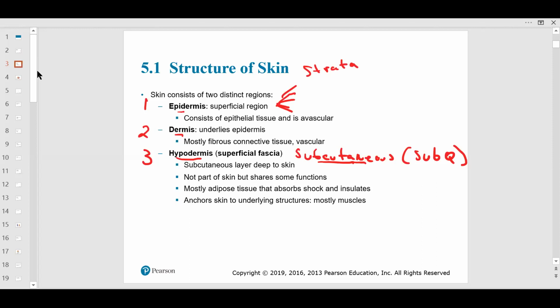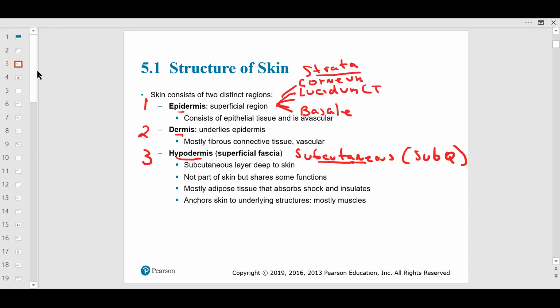And I always like to remember the bottom one is stratum basale, and the top one is stratum corneum. So below the corneum in thick skin is stratum lucidum.